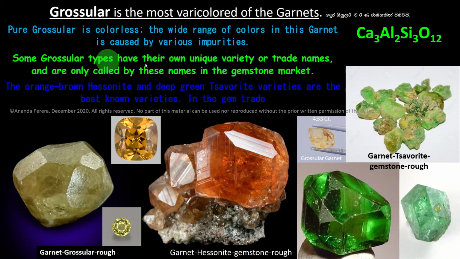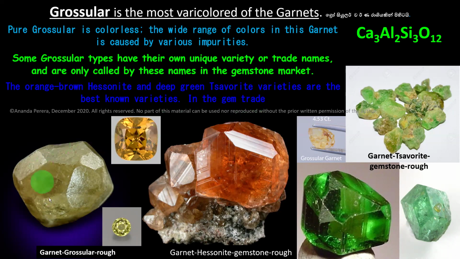Some grossular types have their own unique variety or trade names and are only called by these names in the gemstone market. Remember that. The orange brown is hessonite and the deep green is savorite. These varieties are the best known in the gem trade.